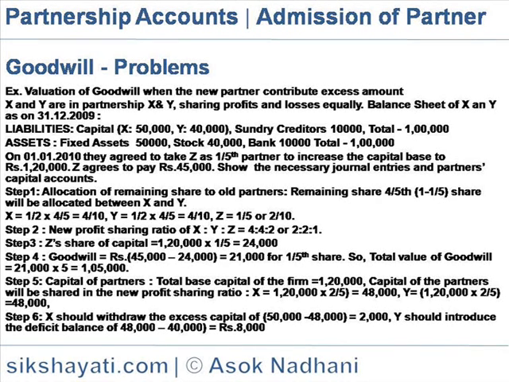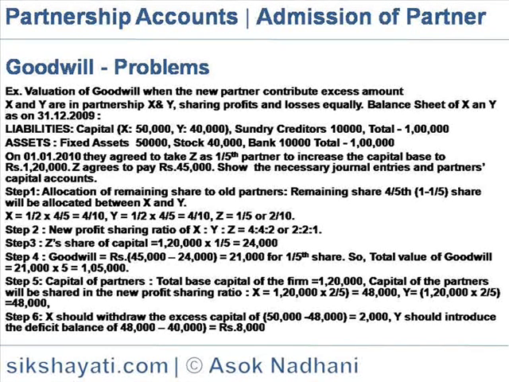Assets: fixed assets 50,000, stock 40,000, bank balance 10,000, so the total on the asset side is 1 lakh. On 1st January 2010, they agreed to take Z as a 1/5 partner to increase the capital base to 1,20,000. Z agrees to pay Rs 45,000. Pass the necessary journal entries and show the partners' capital accounts.